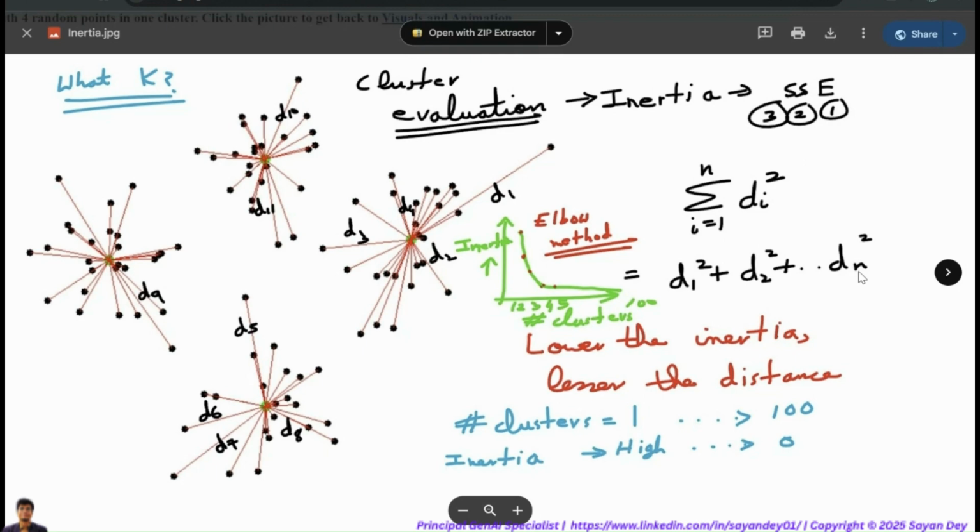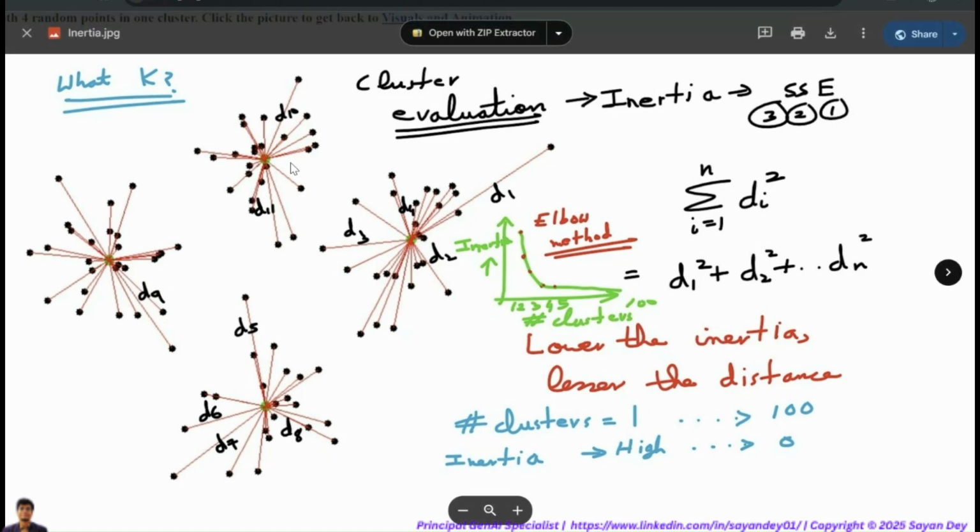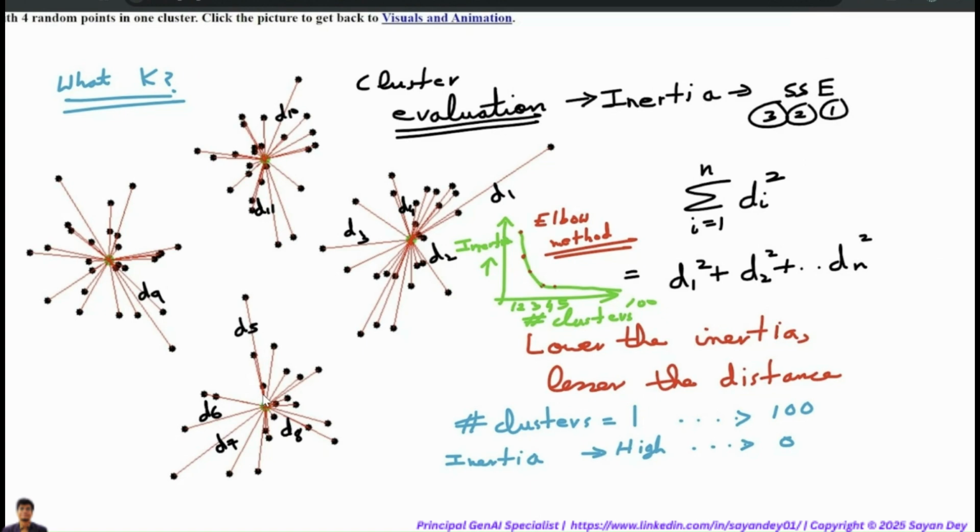Why are we talking about inertia? Let's see that. Now what we can do is plot a graph and say that, hey, whenever the number of clusters is 1... see here we have done 4 clusters, right? Because 4 clusters is kind of optimum. It's very obvious, I mean, if you look at this diagram visually, everybody can make out that 4 clusters is kind of optimum here.